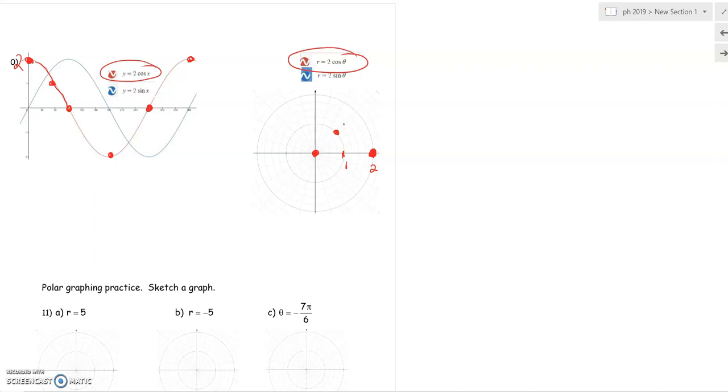Notice that as it approaches 90, the y value is getting smaller. So for example, right about here at 30 degrees, our r value will be a little bit smaller. What's happening is our r value is getting smaller and smaller as we approach 90.